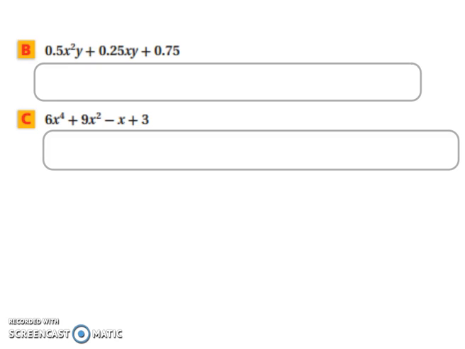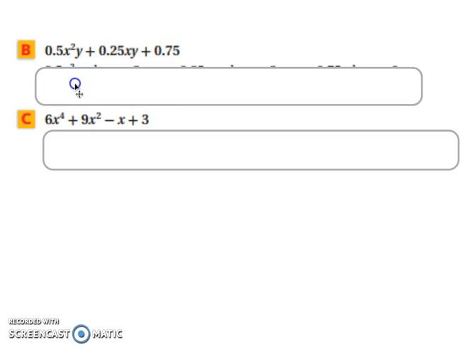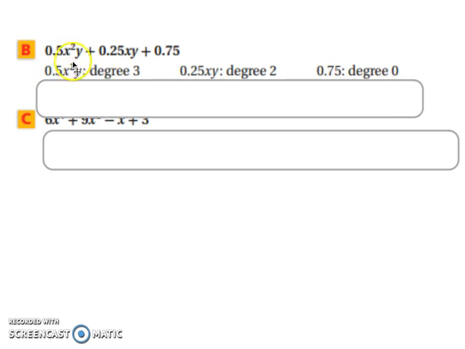Let's try these two. So we have 0.5x to the second y plus 0.25xy plus 0.75. The degree of this first one is 3.